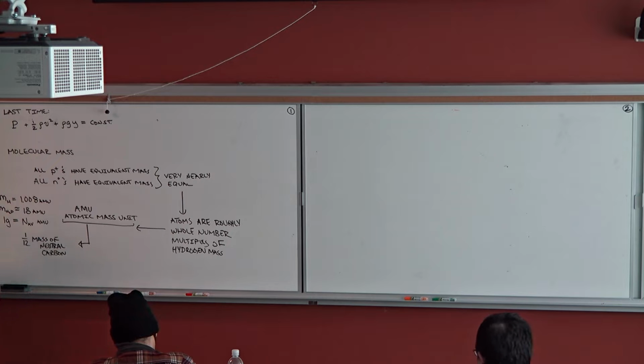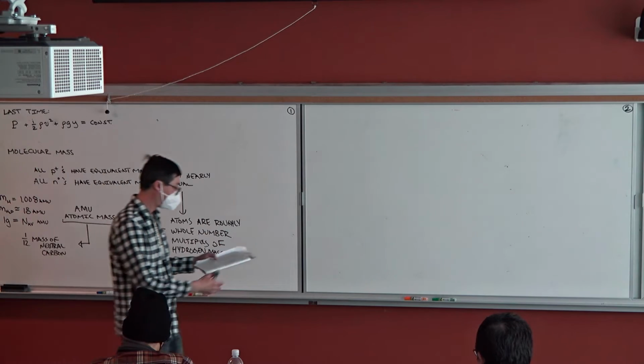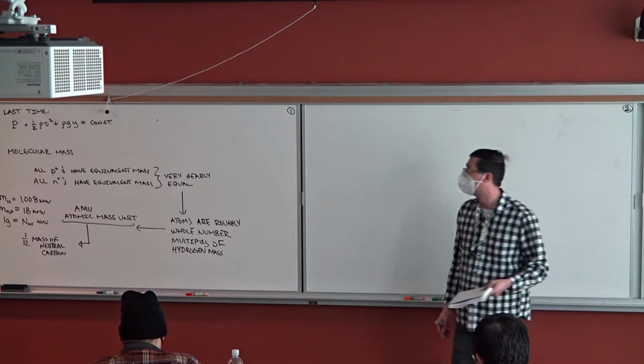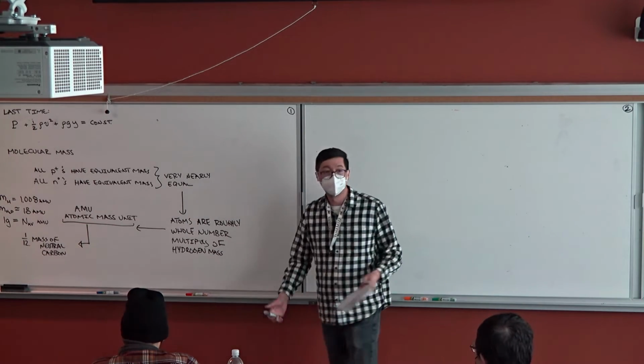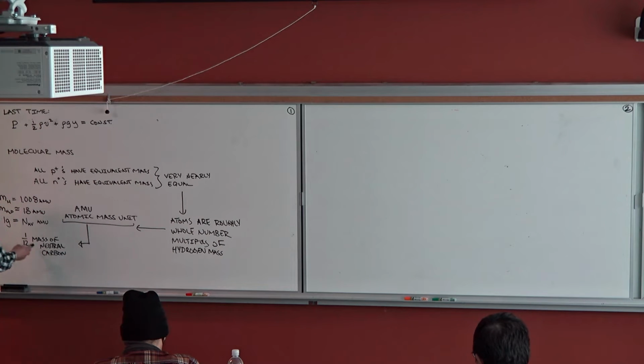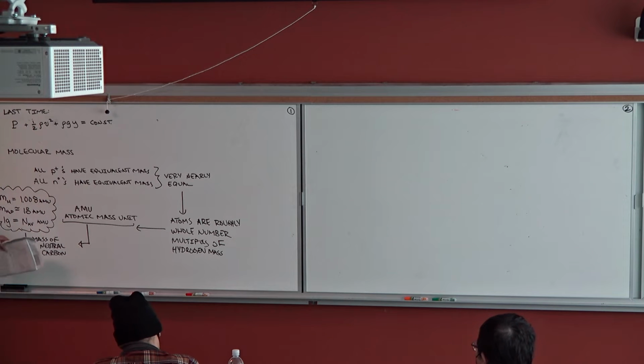What's mu again? Atomic mass unit. So we're just going to define this to be 1/12 of the mass of a carbon 12: 6 protons, 6 neutrons. So far, so good?